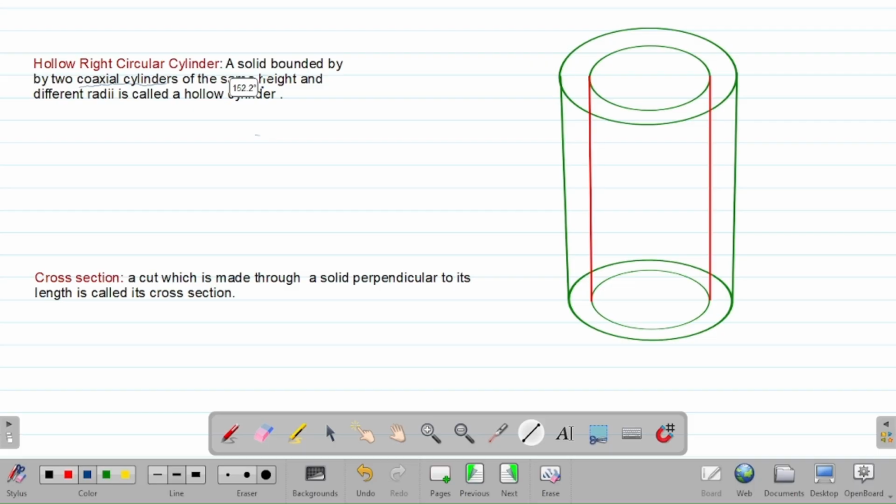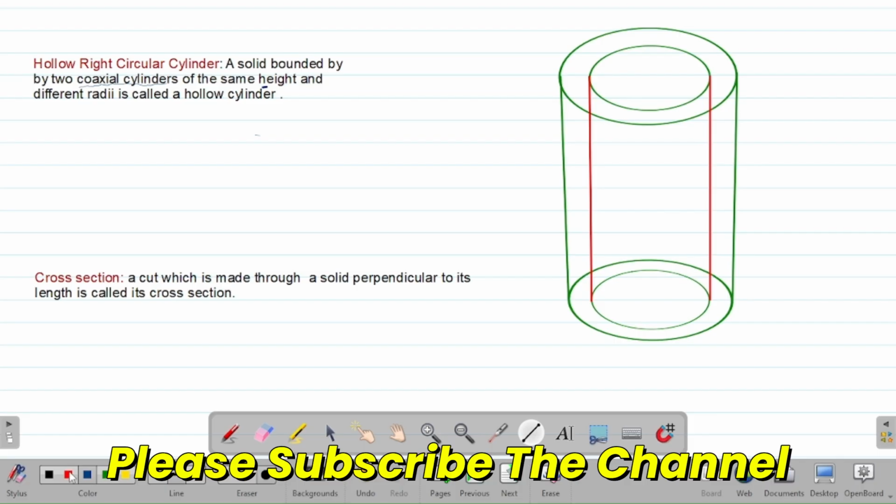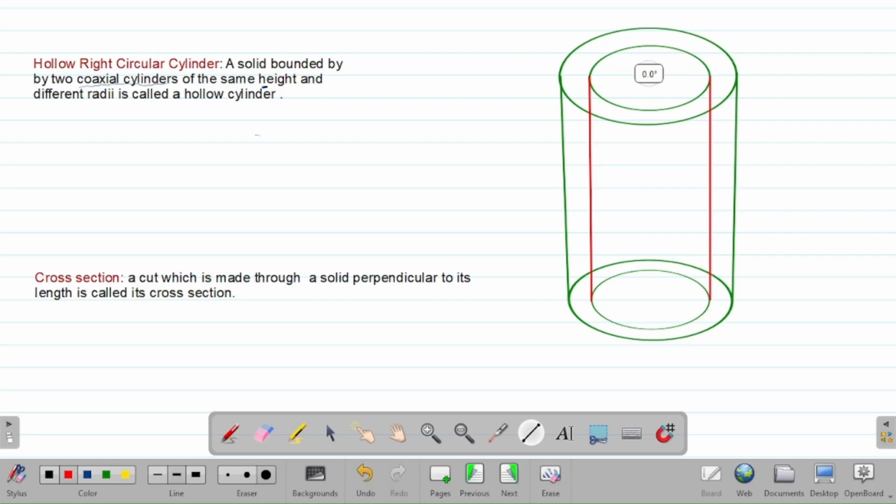The height of the cylinder would be from the top face to the bottom face. This is the height of this cylinder.